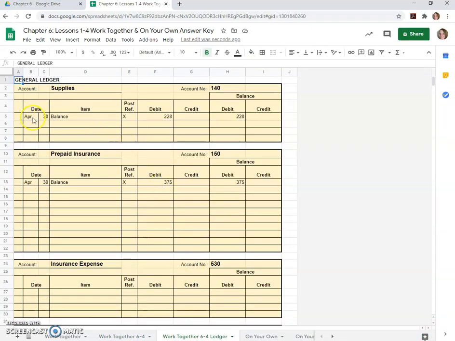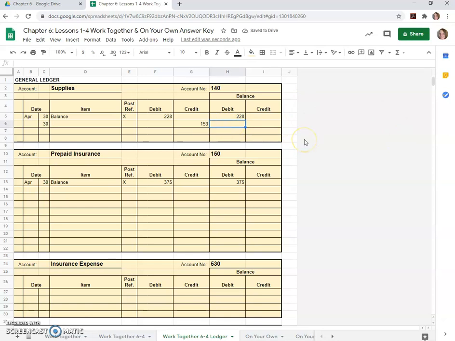And the first thing we've got is supplies, account number 140. Supplies was credited $153, right? On the 30th, there was a $153 credit.